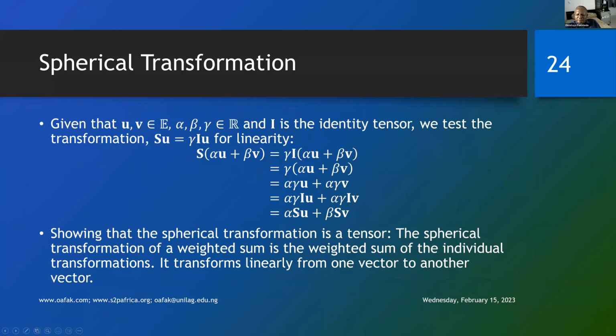Now, why is the fifth line true? Why is the last line true? Yes, substitution. Good. So each equality here has a reason.